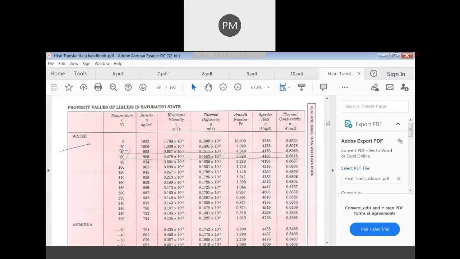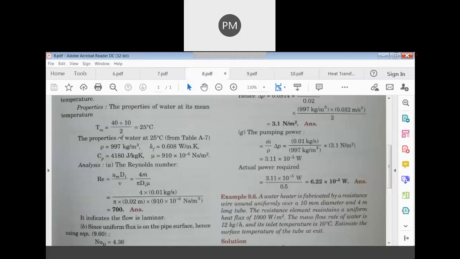So you have to use linear interpolation between 20 and 40 to get the values at 25 degrees Celsius. This I am leaving to you; you have to do it.